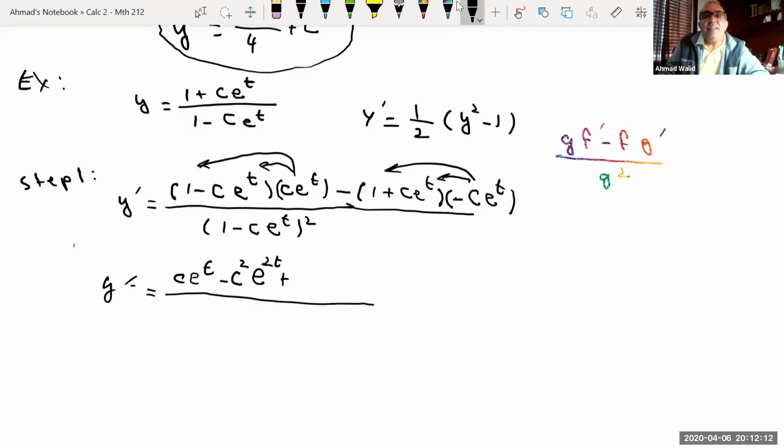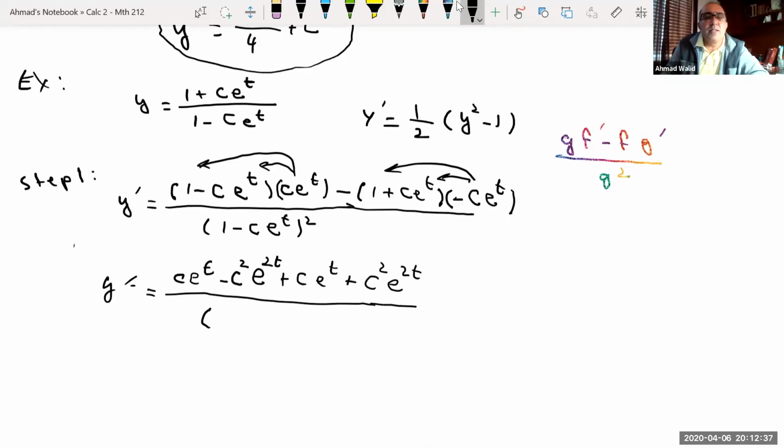CE to the t times 1 gives you CE to the t. Again, negative times negative, positive, positive times positive gives you another positive. CE to the t times CE to the t gives you C squared E to the 2t.